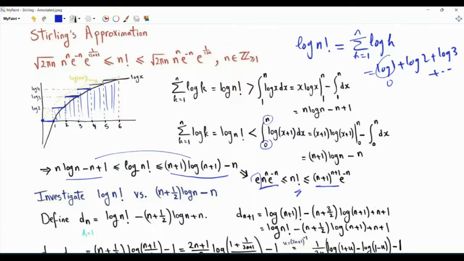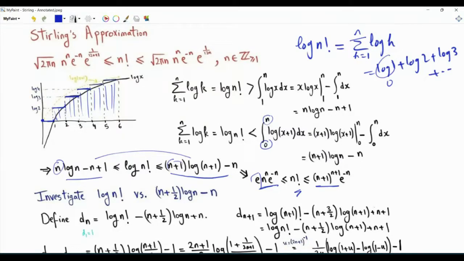So here we have log n, here we have log n plus 1, and for large n, if we deal with this term as log n, then here we have n, here we have n plus 1, and their average is n plus 1/2.